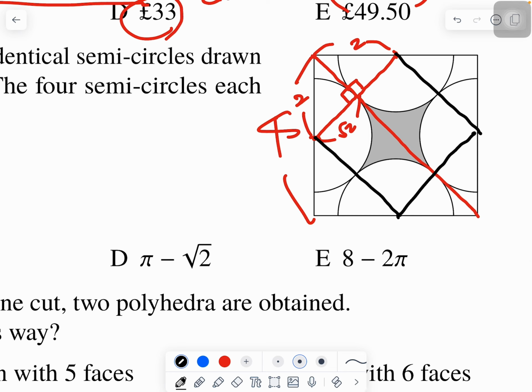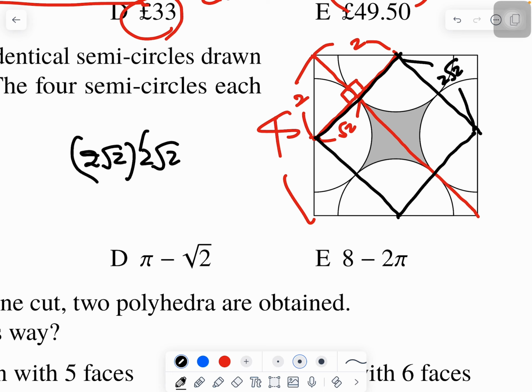Now let's forget about the largest squares. Let's see only these squares with these black lines. Then each segment has 2 square root of 2. So 2 square root of 2 times 2 square root of 2. This is the area of the whole.